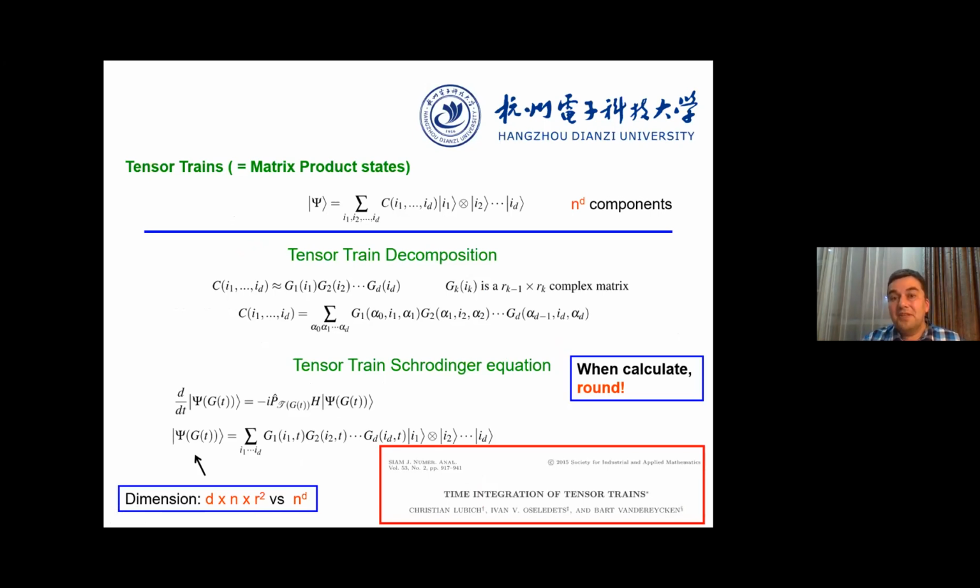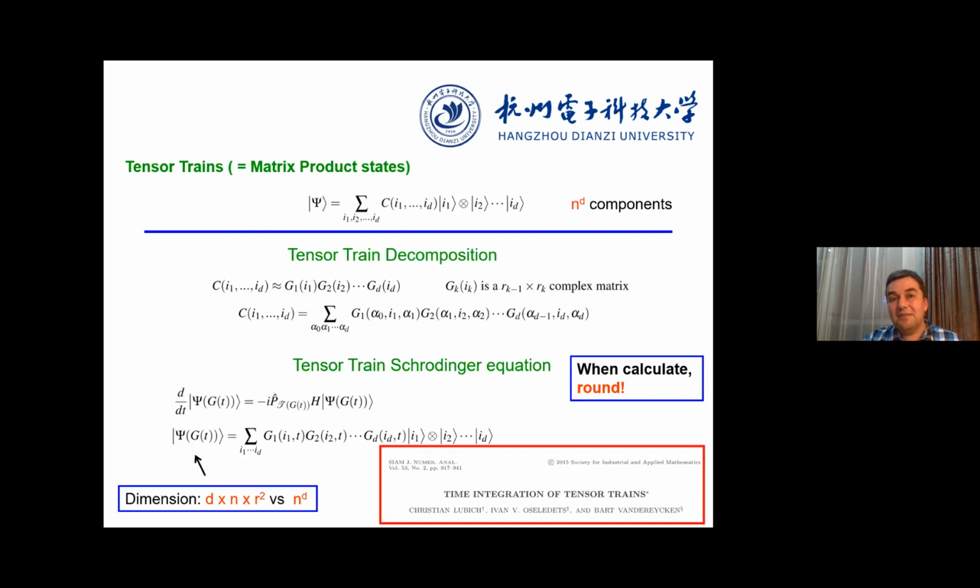So the idea is just to split multi-dimensional objects which govern quantum dynamics with many degrees of freedom in straightforward basis set representation, and to give a smarter way to represent this multidimensional tensor.